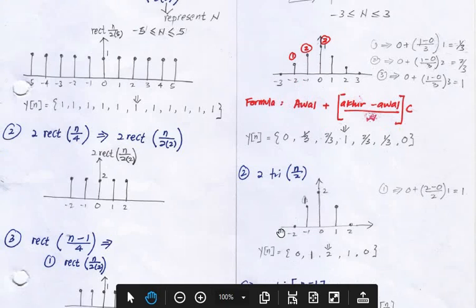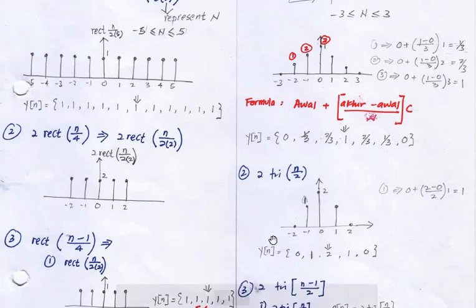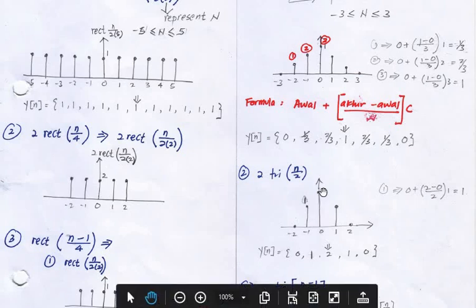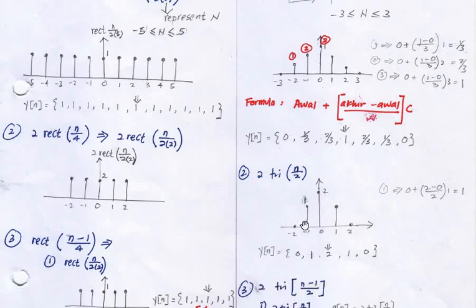So in the graph, if you sketch, you can sketch starting from 0, and then the maximum is 2. Starting from negative 2, the amplitude is 2. So what is the value here? Okay, you can use the formula 0 plus 2 minus 0 over 2, because 1, 2, we times with 1 because it's considered as the first one here. So it's 1.